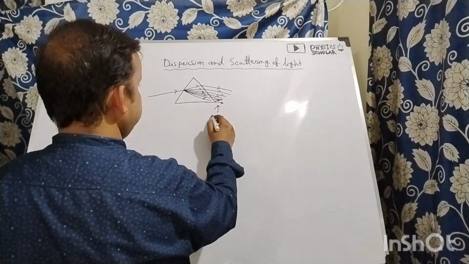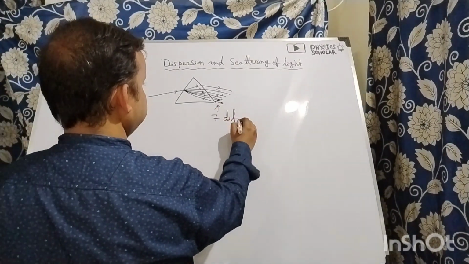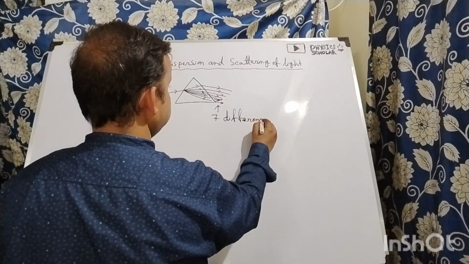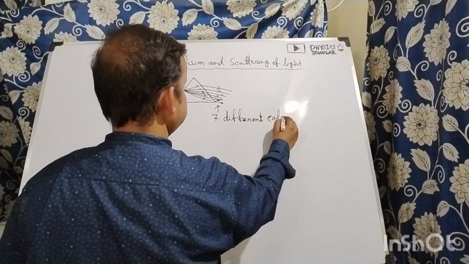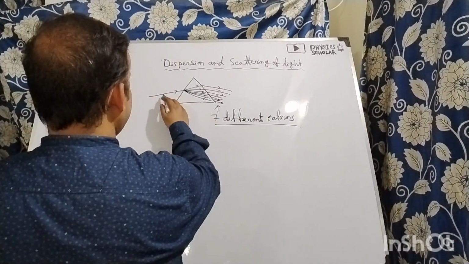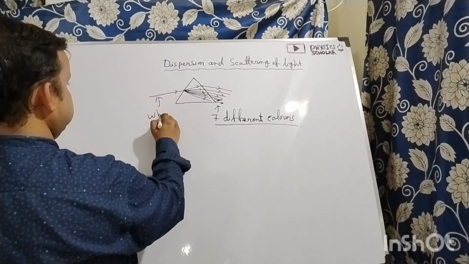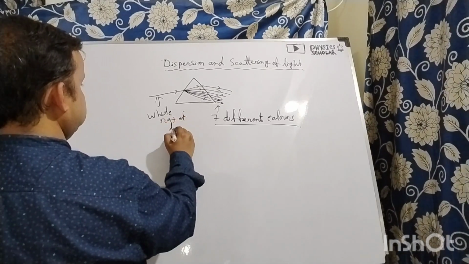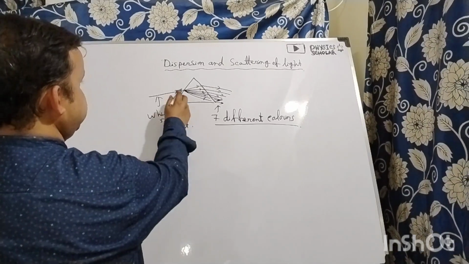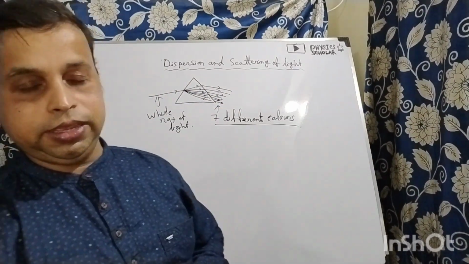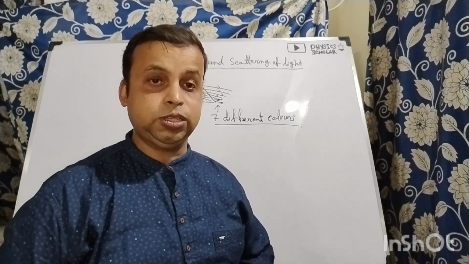If a white ray of light is incident on a prism, then on the other side we can see the 7 different colors of light.